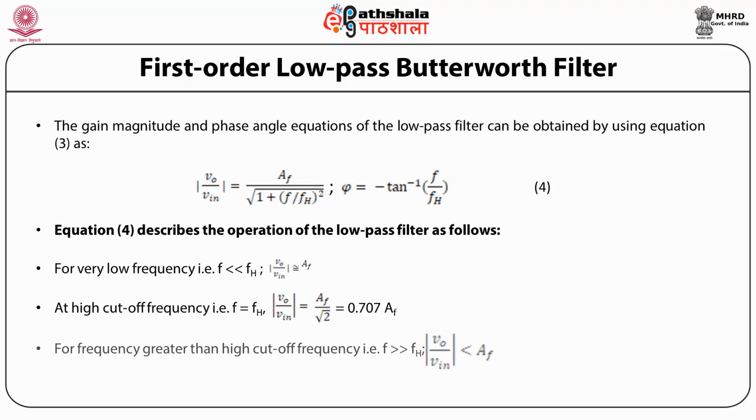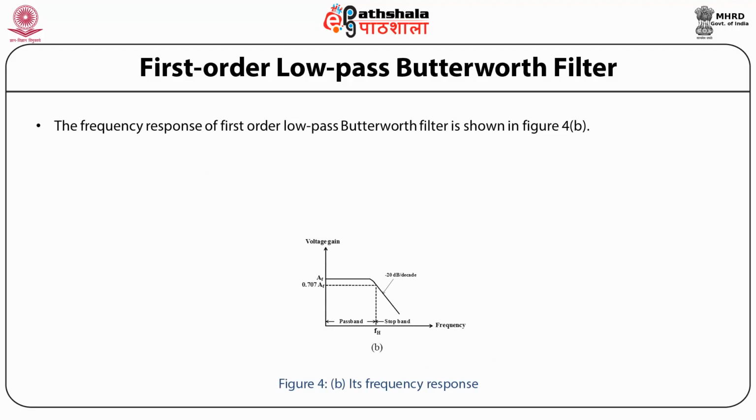Third, for frequency greater than the high cutoff frequency, that is f much greater than fH, modulus of V0 by Vin turns out to be less than AF, the flat pass band gain. Thus, the frequency response of the first order low pass Butterworth filter is obtained as shown in the figure.